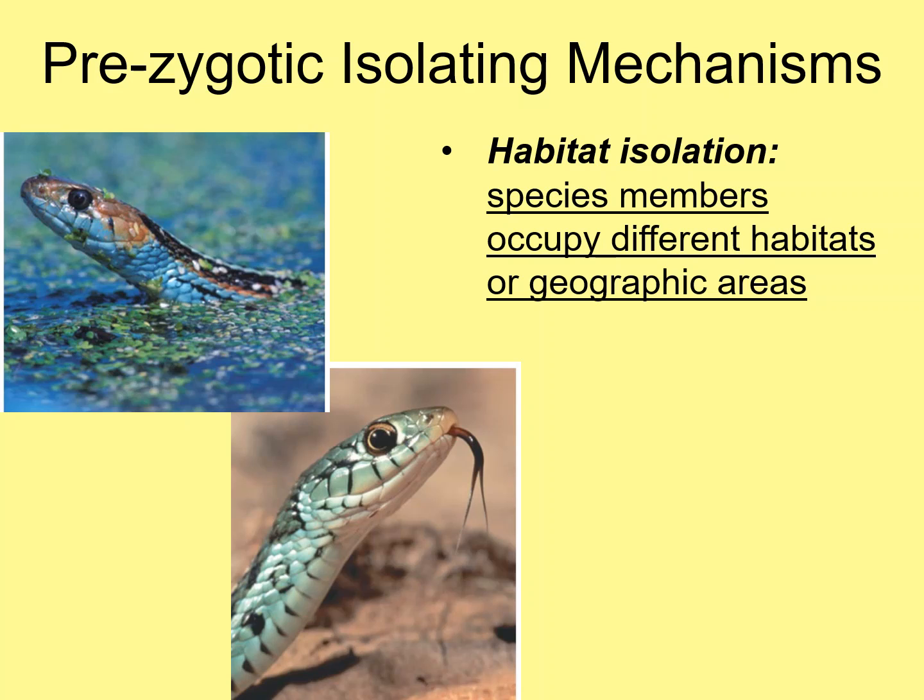Habitat isolation is often the result of a process that we've talked about in class when we were talking about mechanisms for gene flow to be disrupted, called habitat differentiation, where two subpopulations of a single population form that are using the habitat differently.